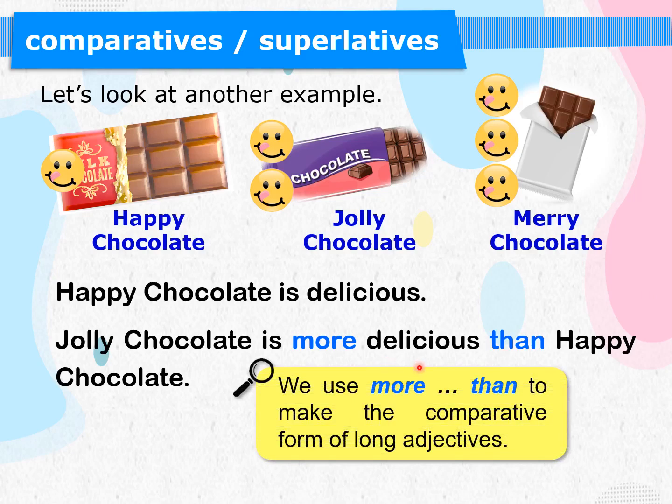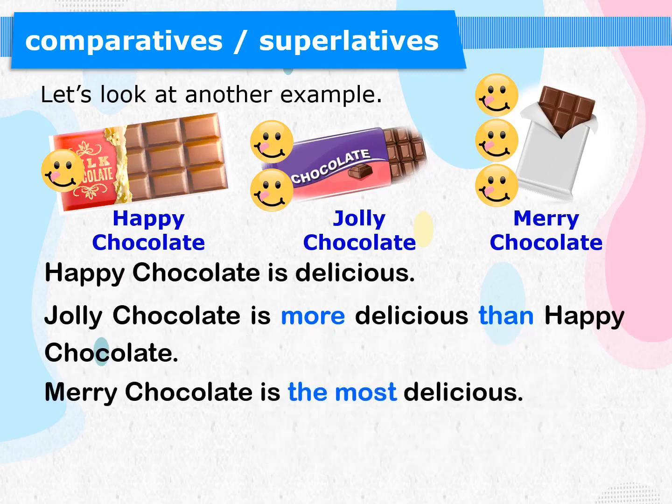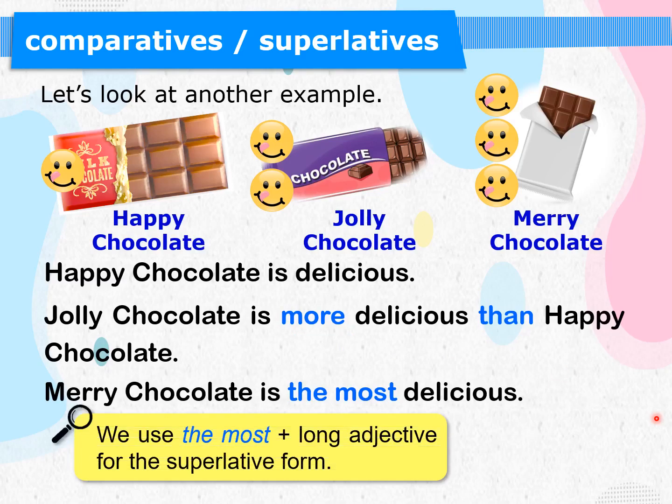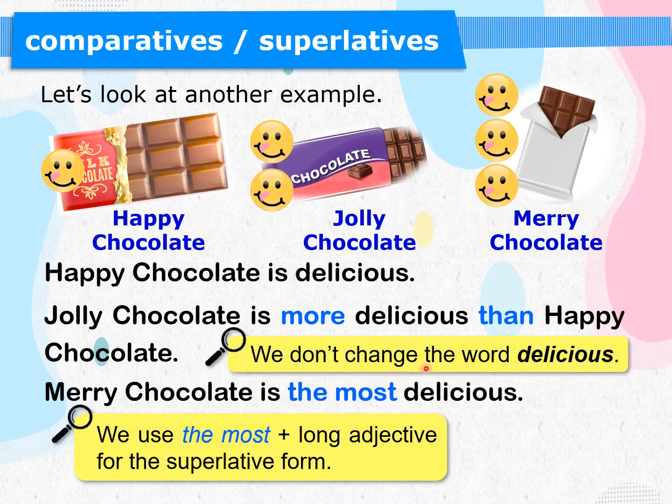For long adjective, delicious, we use more than to make its comparative form. Merry chocolate is the most delicious. For the superlative form, we only add the most before the long adjective. Remember, we don't change the word delicious.